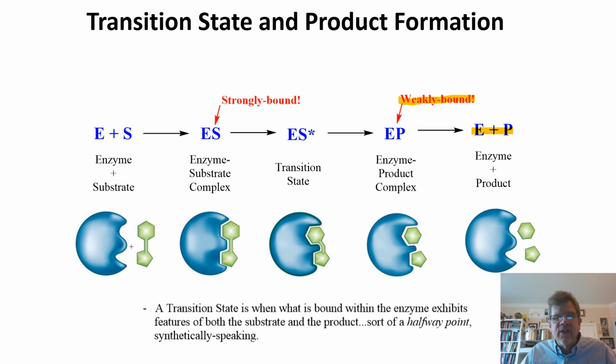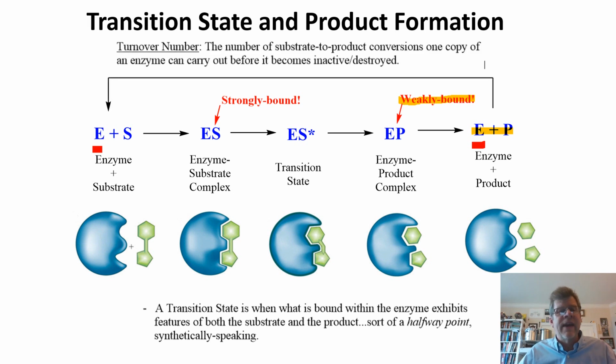Now notice we have freed up the enzyme. This enzyme over here on the right is the same thing as the enzyme over here on the left. It has not changed. So that same copy of the enzyme can cycle around again and pick up another substrate and have the process go cyclically, over and over and over.